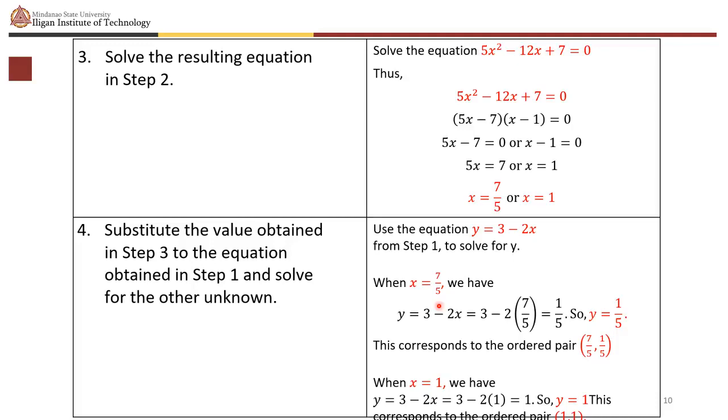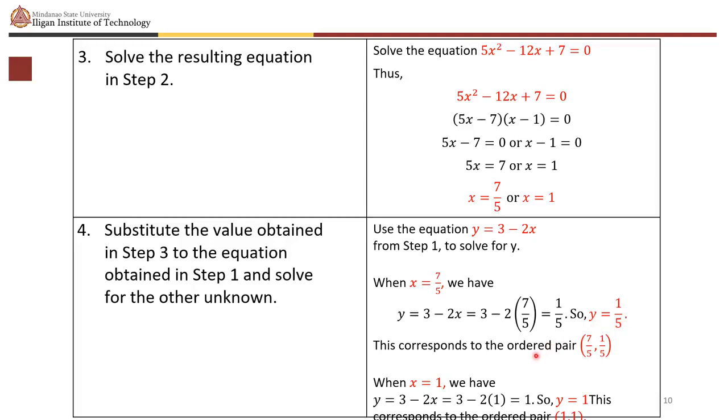When x equals 7 over 5, we substitute into y equals 3 minus 2x. That comes out to 3 minus 2 times 7 over 5. The LCD here is 5, so 5 times 3 is 15, minus 14 over 5, so you have 1 over 5.